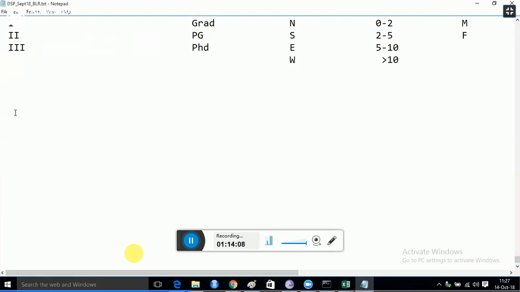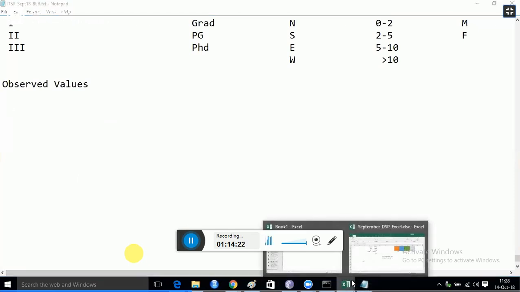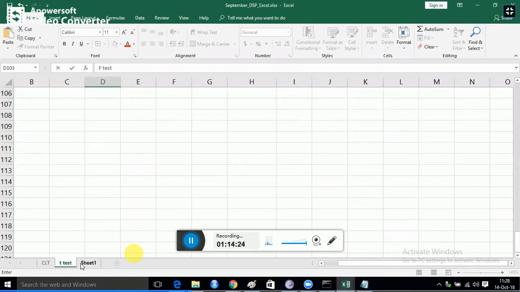I'm building a cross tab of observed values, or observed data points. In my data, let's say I'm taking pay scale. I'm just doing that here in Excel, which is a little bit easier for me.